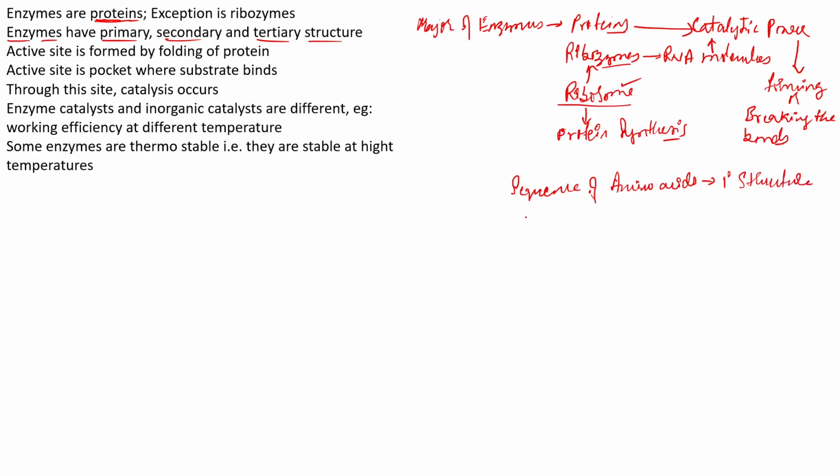However, if we are referring to the alpha helix and the beta pleated sheets, a sheet-like arrangement of the amino acids, then we are referring to the secondary structure.